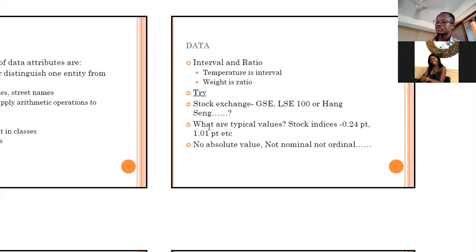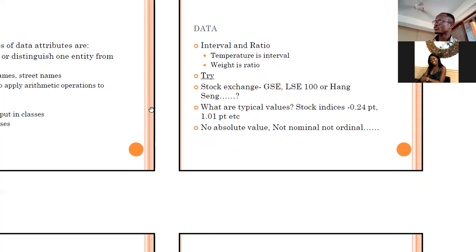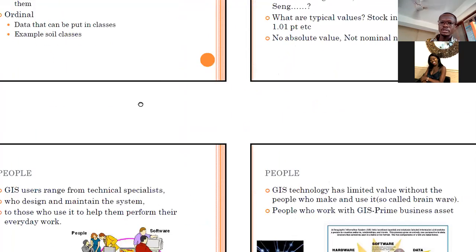Is it nominal? Is it ordinal? So you can use that trick to also find out what it is. If you don't know what a stock exchange is about, I think that is where we need to explain to you what it is. Stock exchange is where they sell stocks, like company shares and stuff like that. So let's move on.